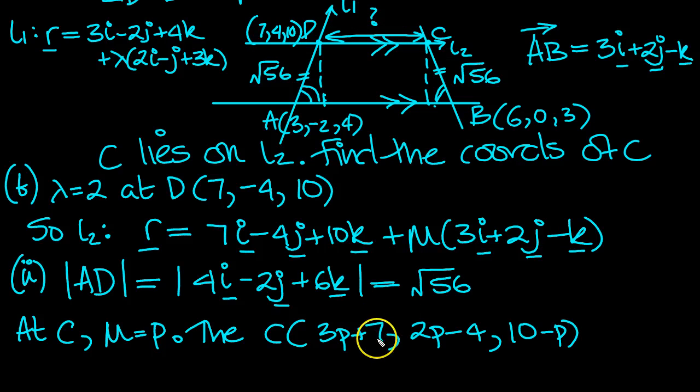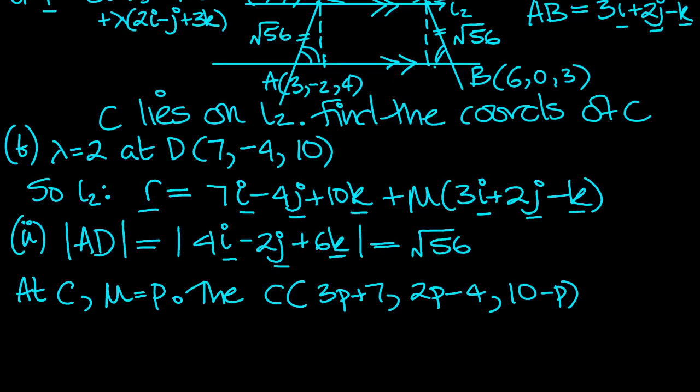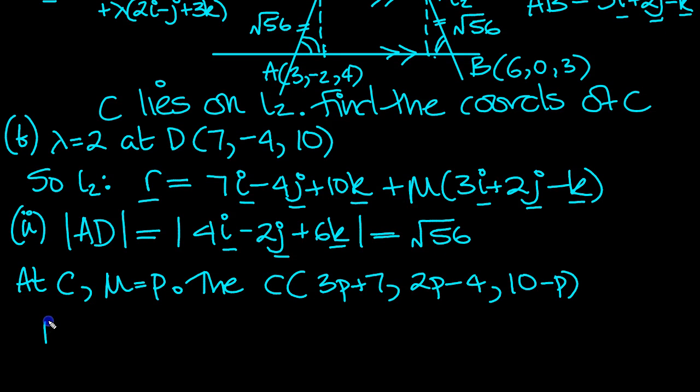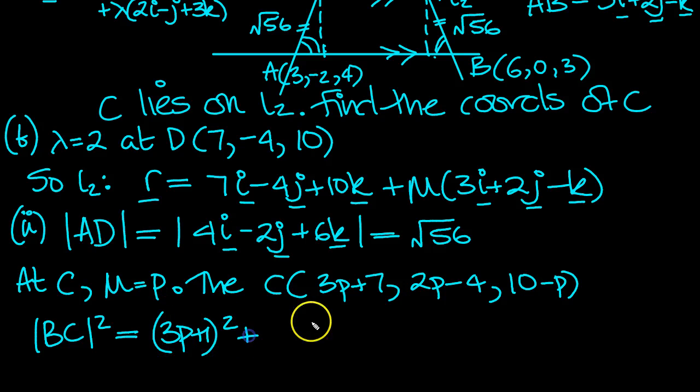Now we know the distance from this to this is root 56. So if we do BC, the modulus of BC squared will be the x difference squared plus the y difference squared plus the z difference squared. So we've got 3p plus 7 minus 6 is 3p plus 1, squared, plus 2p minus 4 minus 0, which is 2p minus 4, squared, and then the z component, 10 minus p minus 3 is 7 minus p, squared.